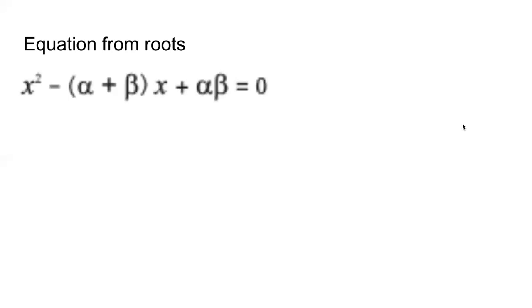Using the sum of the roots and using the product of the roots, we can actually create the equation for which those roots are the roots. Those numbers are the roots. What does it mean?